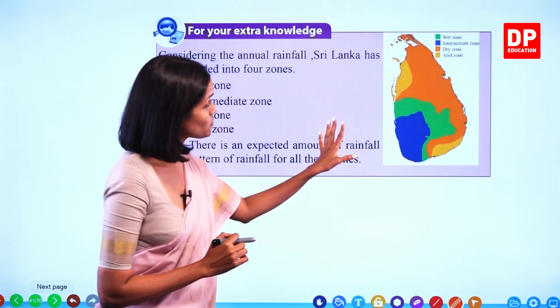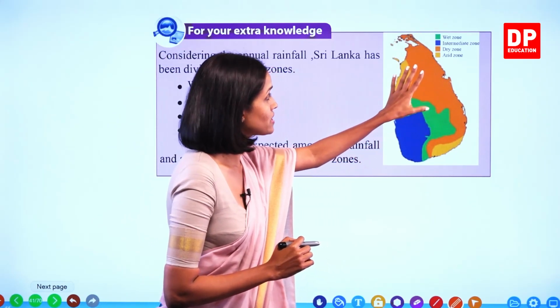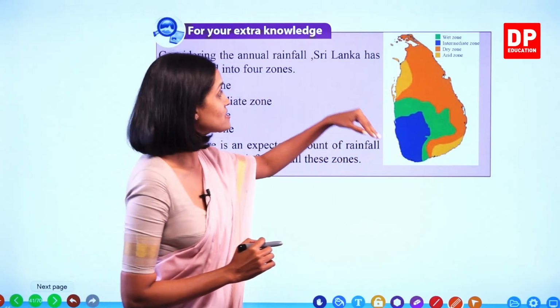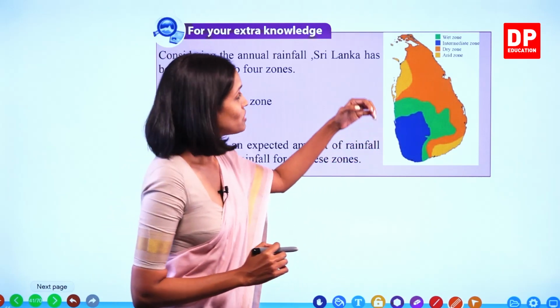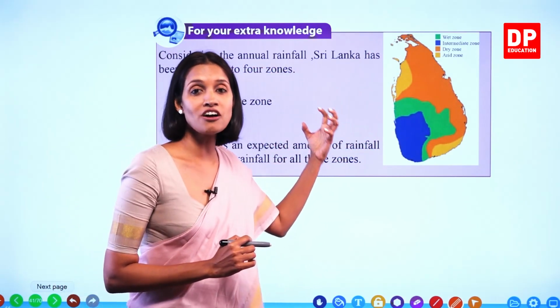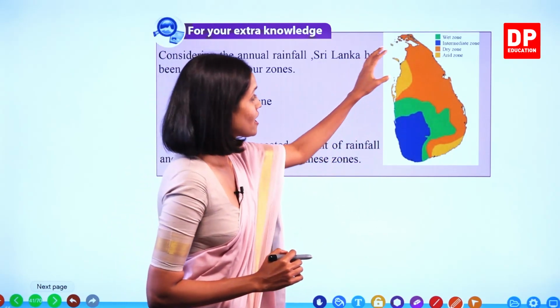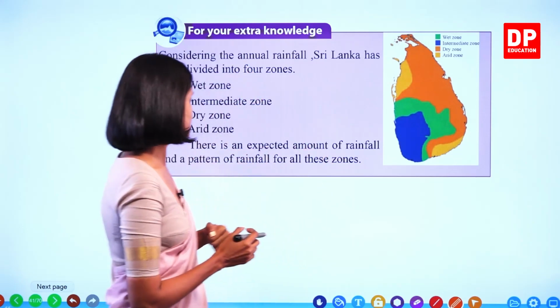So we can't expect it to rain in the arid and dry zones just like wet zones and intermediate zones, because the name is given according to the rainfall that they get. We call them dry zone and arid zone because they get less rainfall than the other two areas. Okay, children? Right.